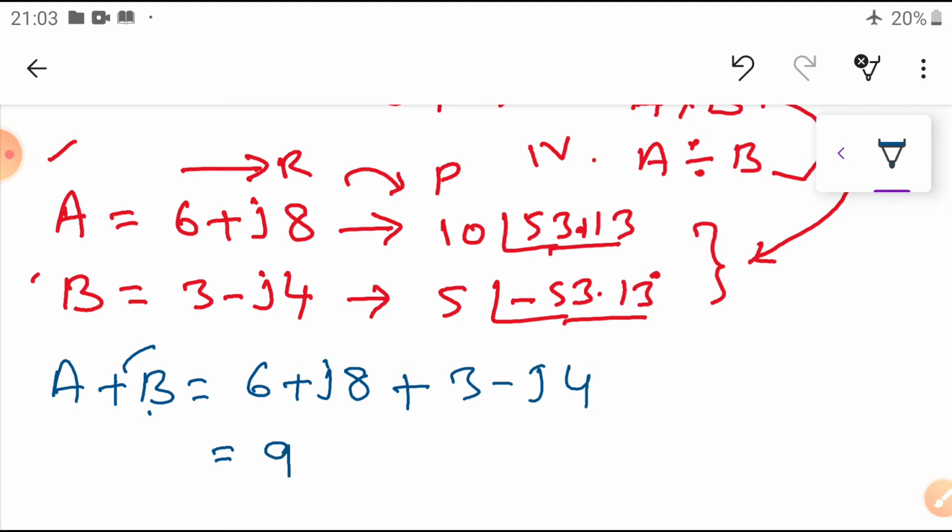Here 8 girls in one family, 4 girls in the other, so with the minus value we get plus j4. So 9 plus j4 is the rectangular form.